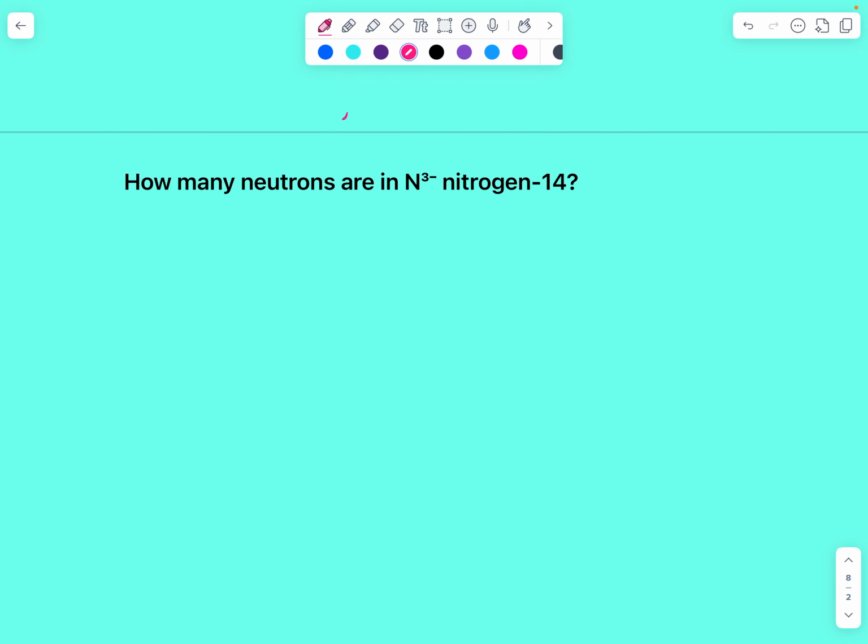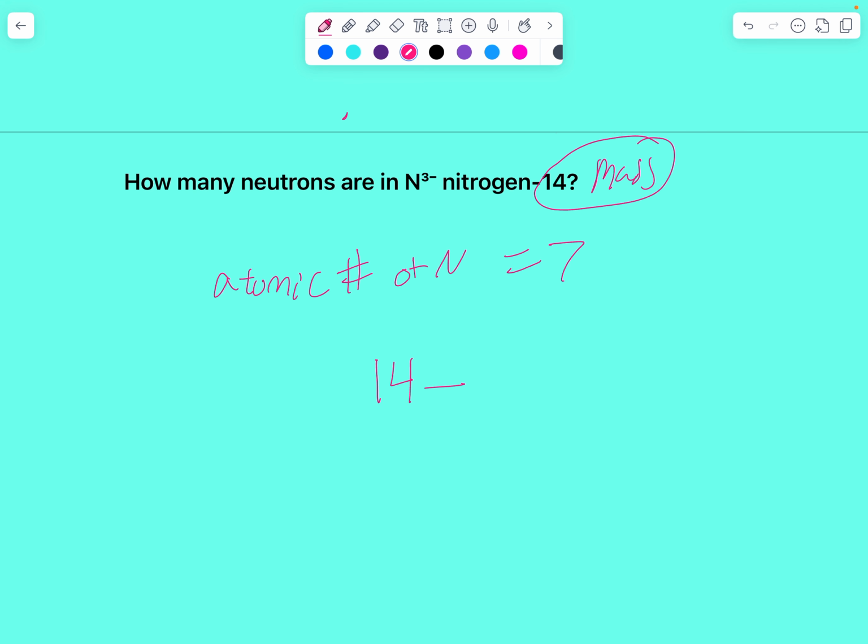How many neutrons are in N3 minus nitrogen 14? Okay. So we got our mass number of 14. So atomic number of nitrogen, if you look at the periodic table, it's 7. Okay. So they want neutrons.